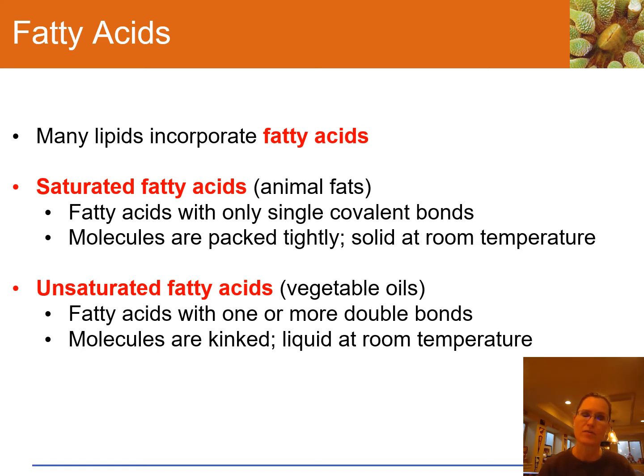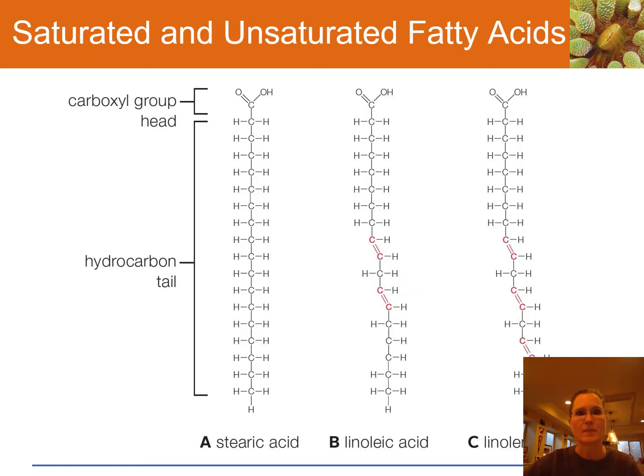What that results in is that structurally they're different, and how they behave is different. Saturated fats are solid at room temperature, and unsaturated are liquid at room temperature. So just a couple of pictures. The one A would be saturated, the B and the C would be unsaturated.